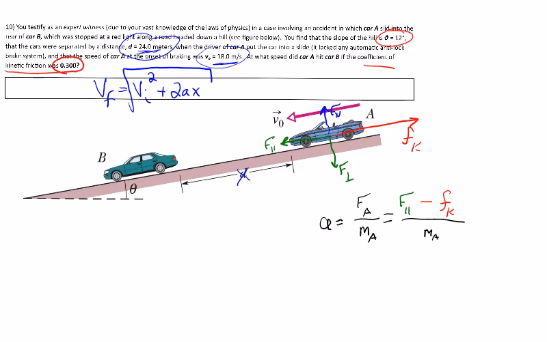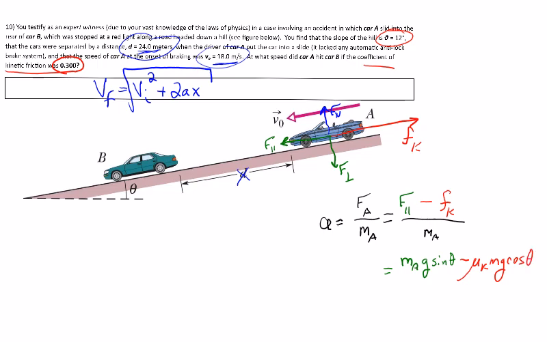Now when I plug in my equations, we know how to find the parallel force. The parallel force is going to be the mass of car A times gravity times the sine of theta. And then the kinetic friction is going to be the coefficient of kinetic friction times the normal force. But the normal force just equals my perpendicular force, so I can replace that with mg times cosine of theta.